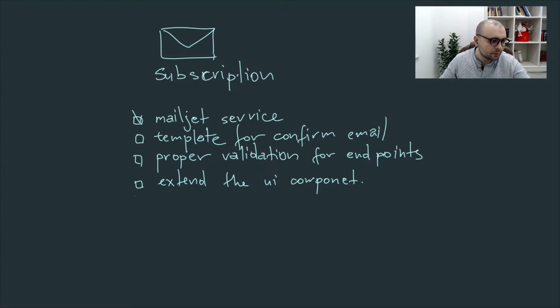Also, I marked in MailJet that alexor.com is my host, so I validated that. So I assume I should not receive those errors anymore. Okay, so we have the MailJet service added. We tested it's working. Now let's proceed with writing the template for the confirmation email, and probably we'll change the structure a little bit. Okay, let's get back to our code.